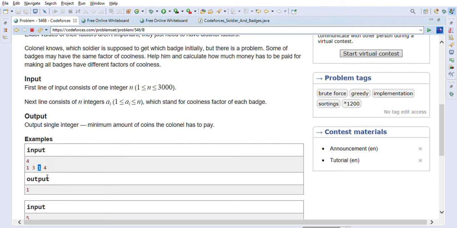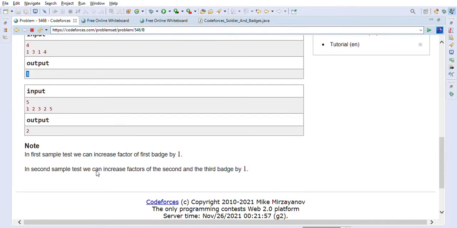What we can do is change this 1 to 2, right? So it will become 1 3 2 4, and all will be distinct. So we have increased this 1 by 1, so 1 coin will be the cost, and that cost we have to output here. So that is the problem statement.